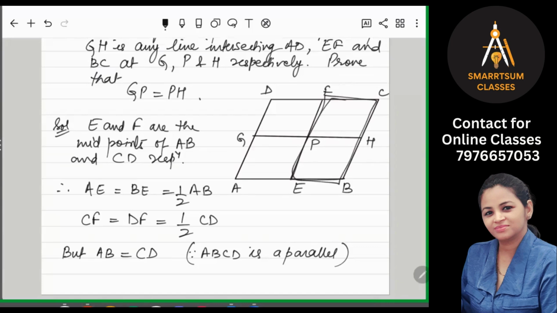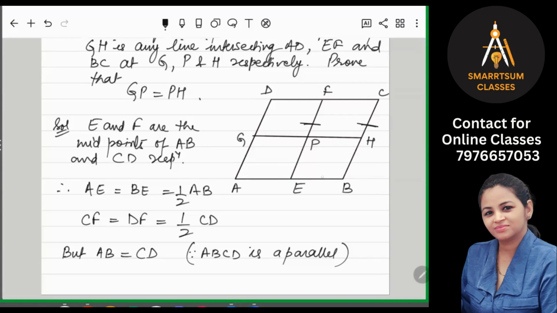Getting it? Okay. So BECF is a parallelogram. So from here, since we have proved that this is a parallelogram, can we say that BC and EF, these two opposite sides, are parallel, right? Okay. BC and EF are parallel.